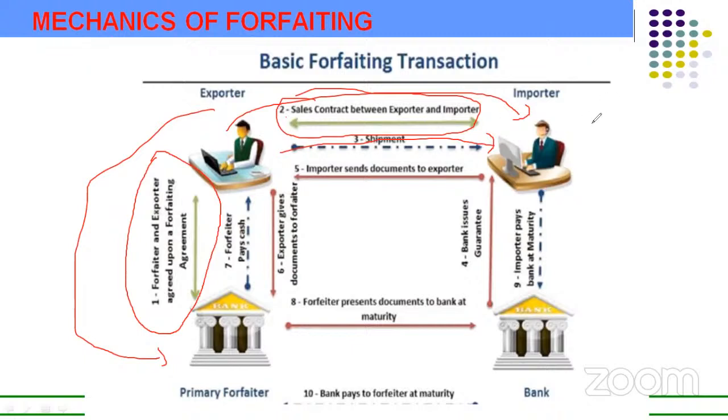After finalizing the contract, the exporter will deliver the goods to the importer. Then the importer will take a bank guarantee, meaning a letter of credit from a bank. Then he sends those documents to the exporter.